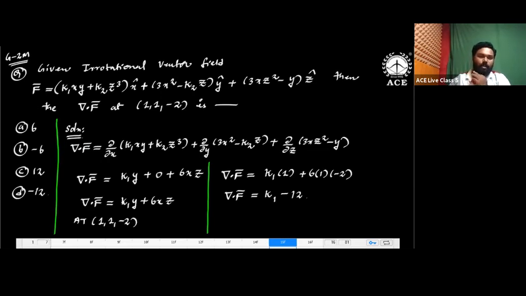Yes, read the question properly. It is mentioned that it is irrotational. So what is the meaning of irrotational? Its curl is equal to 0. Let me turn the page here.